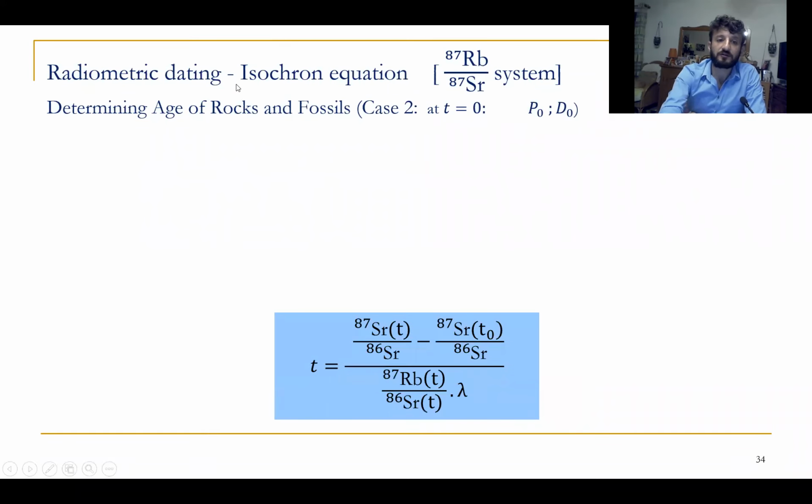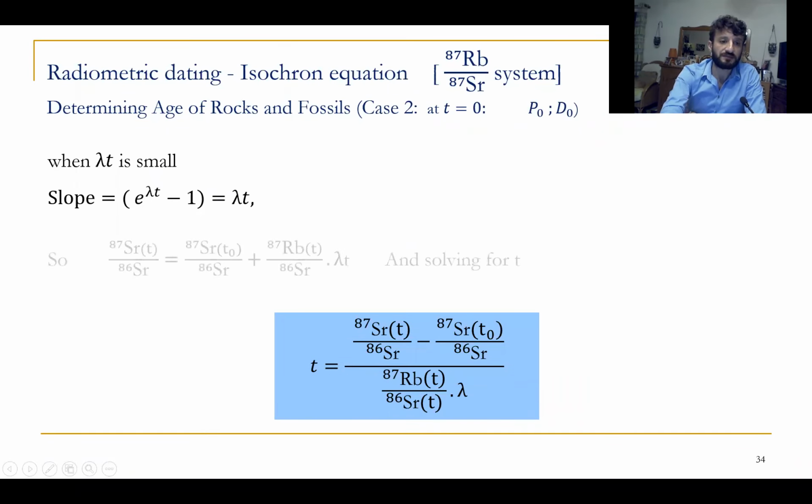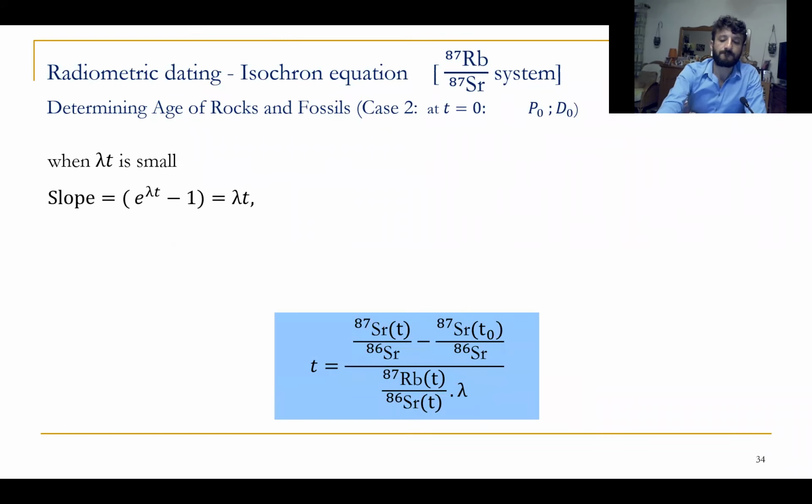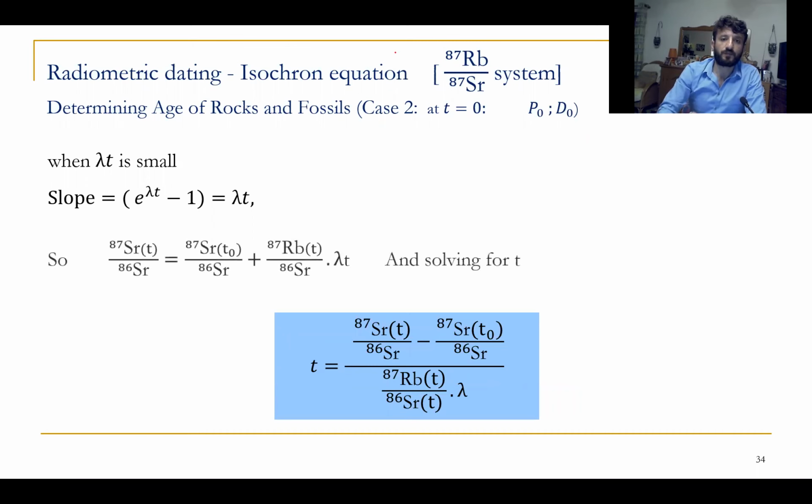Let's go back to the Isochrone equation. The slope equals e to the lambda t minus 1. You know lambda is a small value, on the order of 10 to the power minus 11, because lambda equals 1 divided by the half-life.